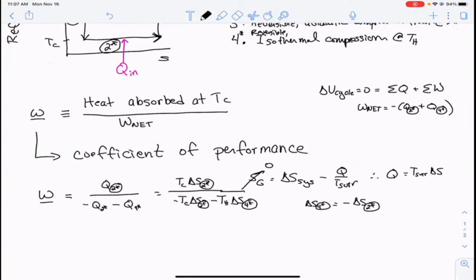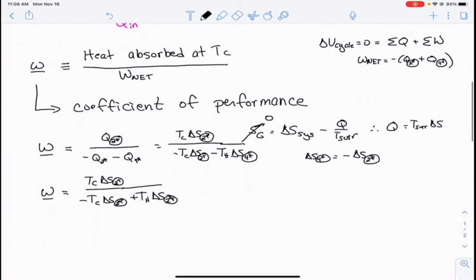And if that's true, then our coefficient of performance for this Carnot refrigerator becomes equal to T cold times delta S in stage 2, divided by minus T cold delta S 2 star plus T hot times delta S 2 star. Or we come up with this expression: the coefficient of performance equals T cold divided by T hot minus T cold.